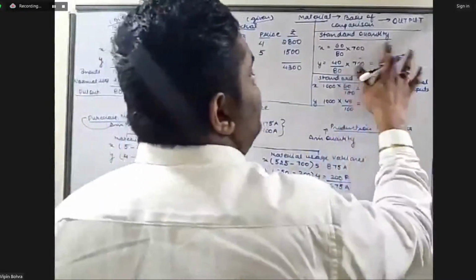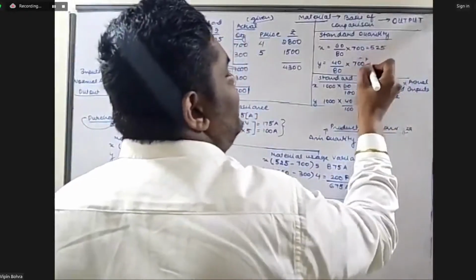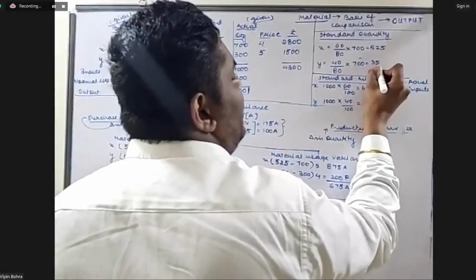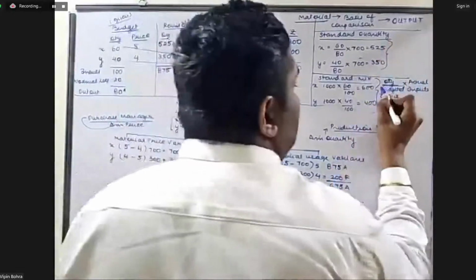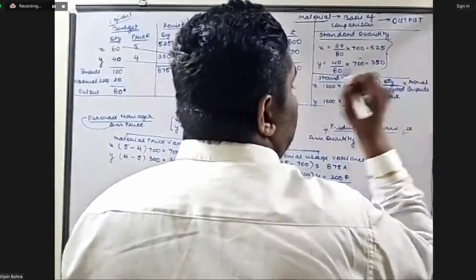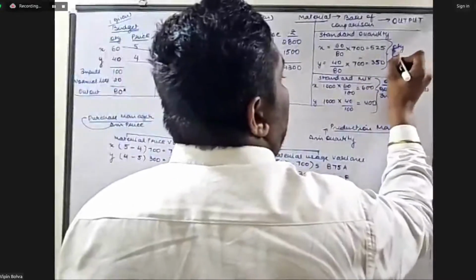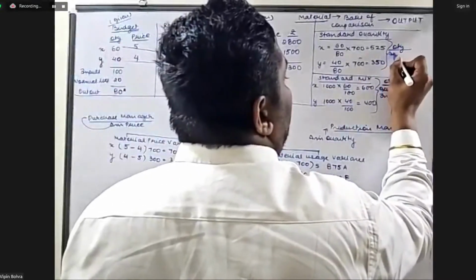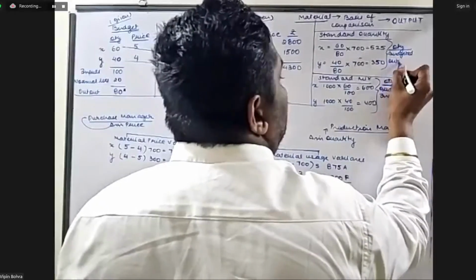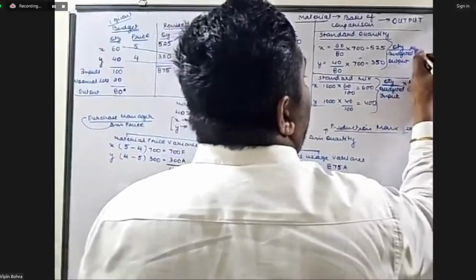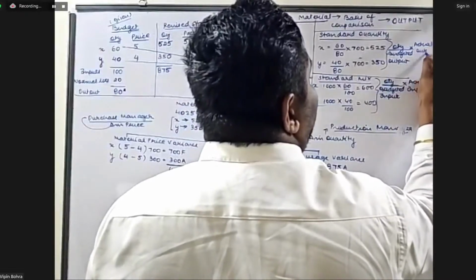No need to memorize the formula. Just writing it for your reference. I suggest you guys not to use the formulas at all. That is quantity divided by budgeted output into actual output.